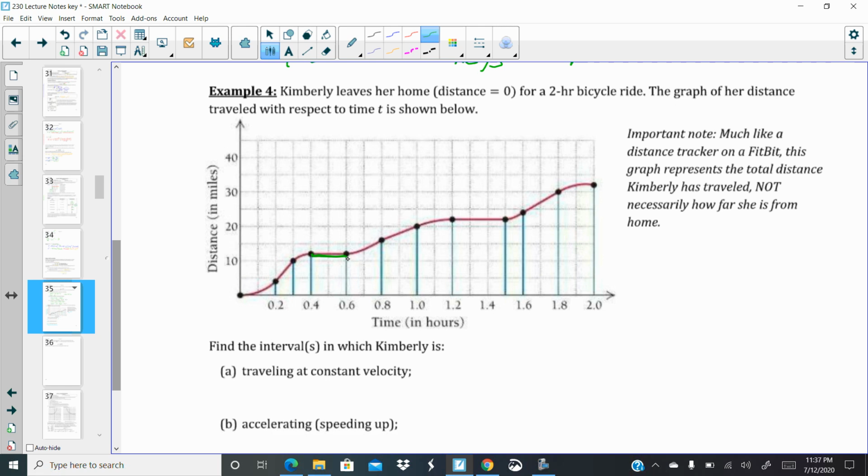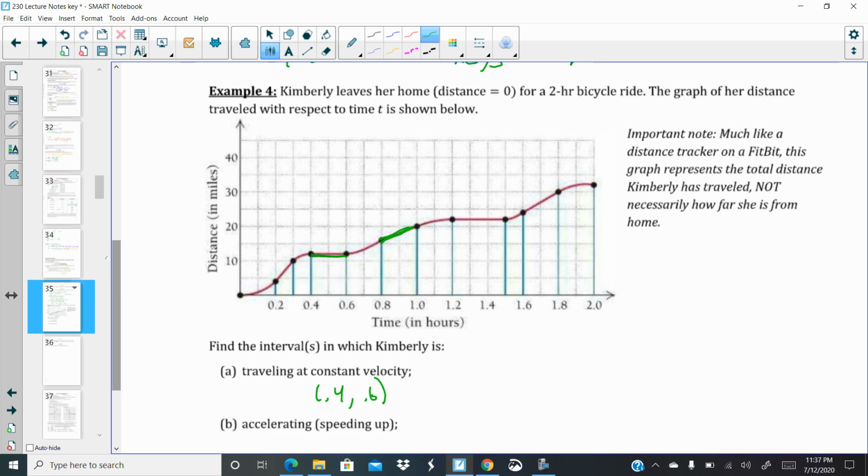So one of our intervals looks like it's going to be 0.4 to 0.6. Okay. Now the next one's a little bit more challenging. It looks like from 0.6 to 0.8, there's a little bit of a bend in that curve, so that's not constant. However, it looks like from 0.8 to 1, that looks linear. That looks constant to me.